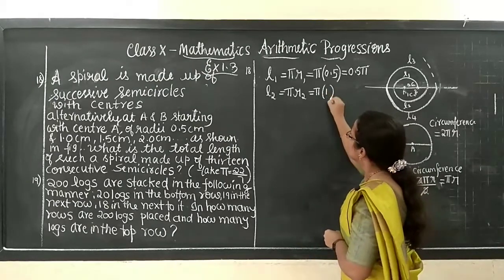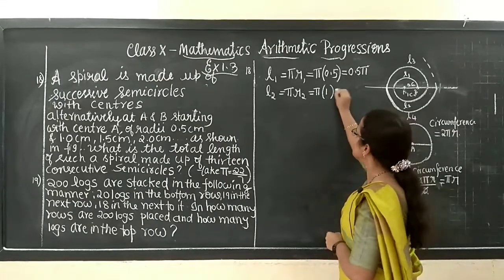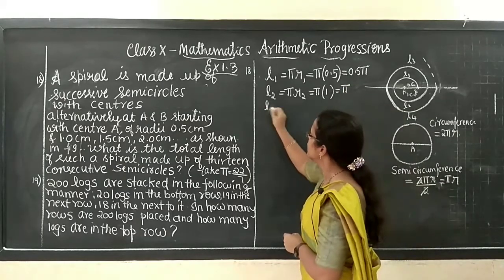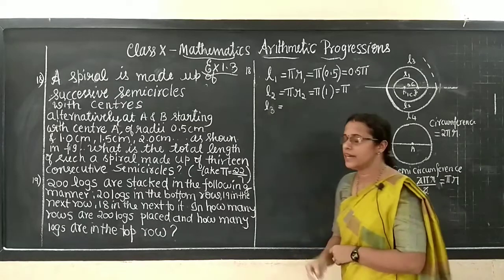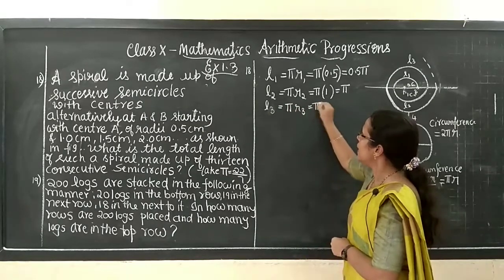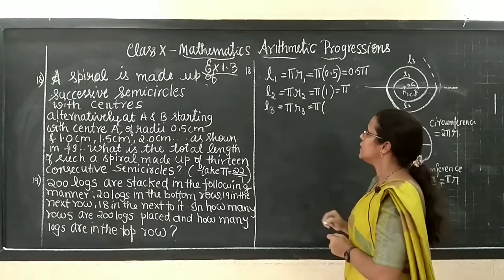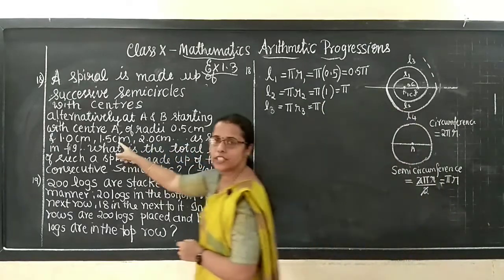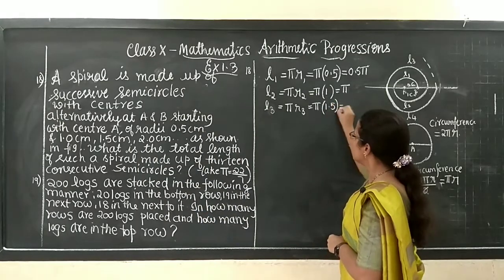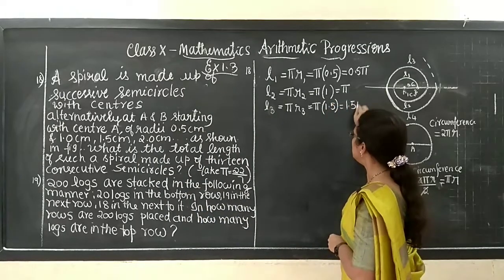Radius number 2 is 1. 1 into pi is pi itself. Then the third length, that is pi R3, pi into R3. R3 is radius number 3. How much is it? 1.5 centimeter. So this is 1.5 into pi, 1.5 pi.